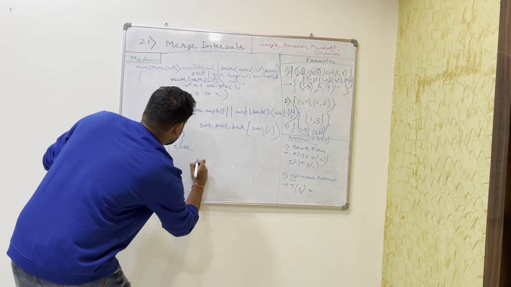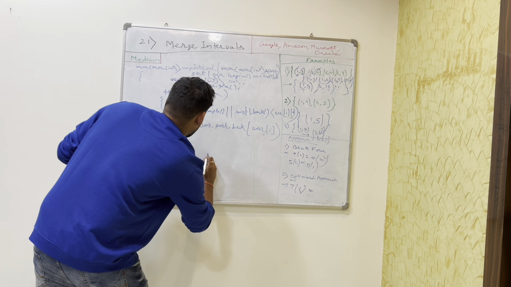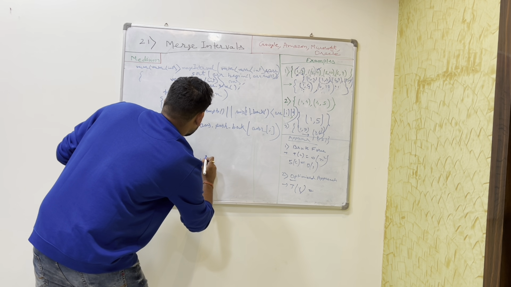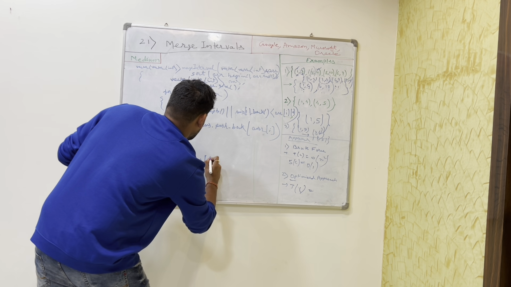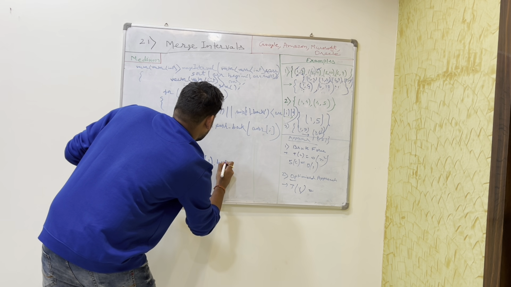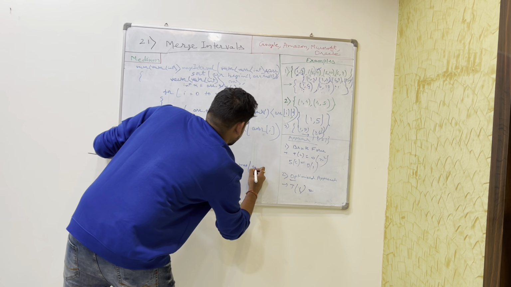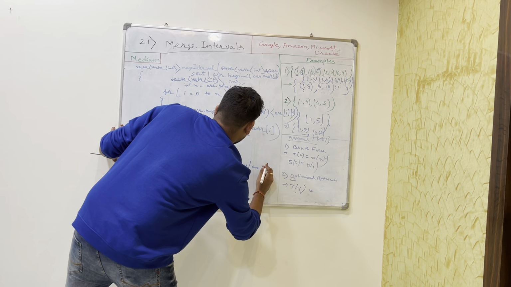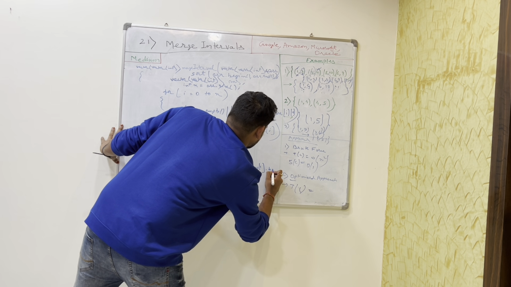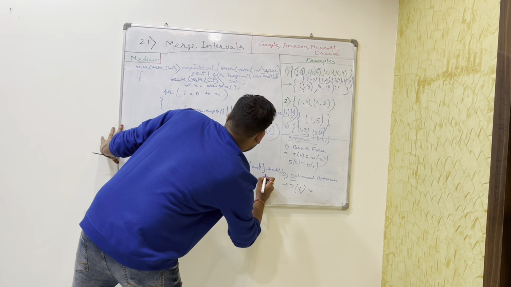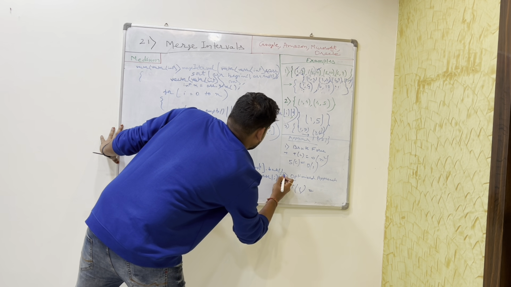Otherwise, if this doesn't happen, then what we do is, this answer 1 dot back will actually be max of answer 1 dot back and array of I comma 1.